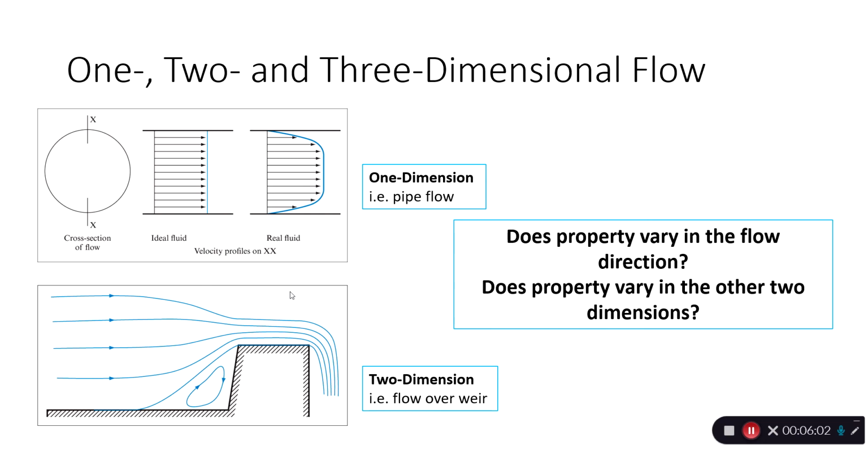So some questions to ask when you want to make the assumption of 1, 2 or 3D flow are: does the property vary in the flow direction? Does the property vary in the other two dimensions? So if it varies only in one dimension, like in this case, then it's a 1D flow. Otherwise it's 2D or 3D.